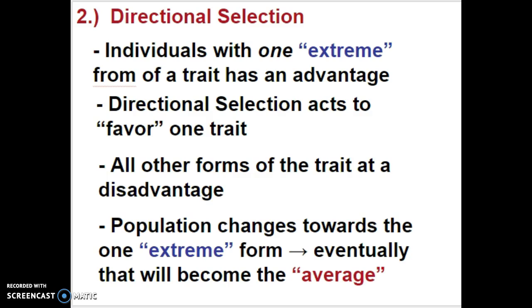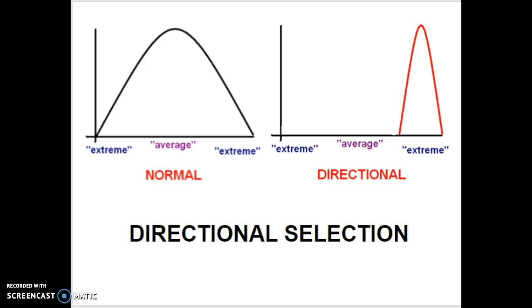Eventually, over time, what will happen is the whole population will change towards that one extreme end, and that will become the new average. So in a normal population, what happens with directional selection is the whole bell curve of traits moves to one extreme or the other.